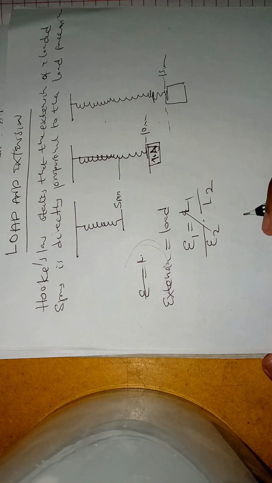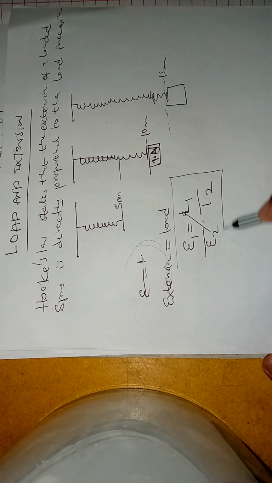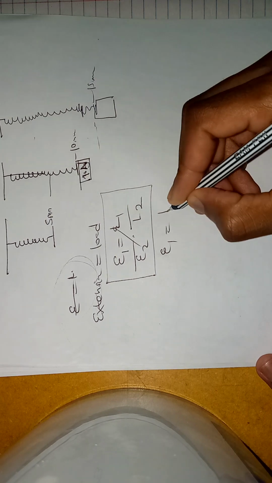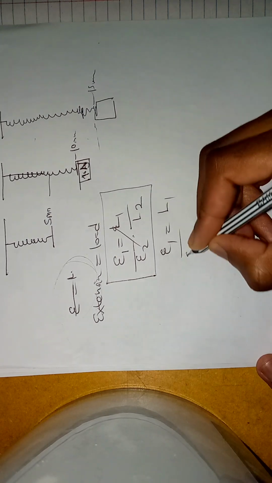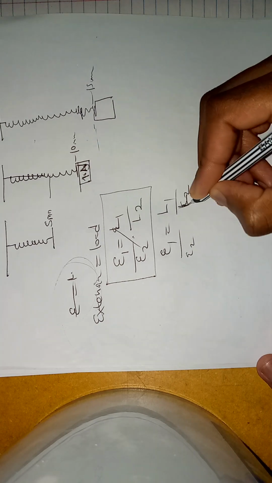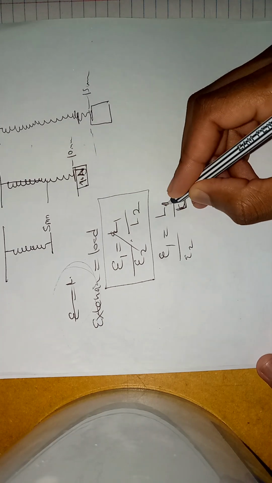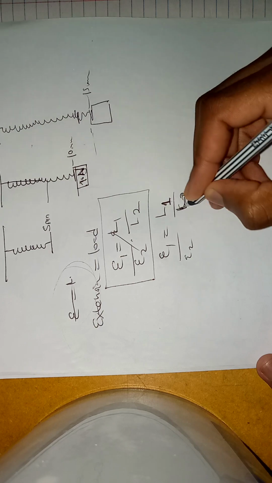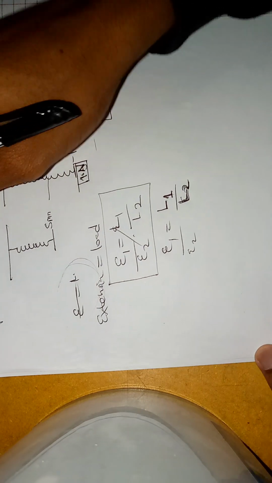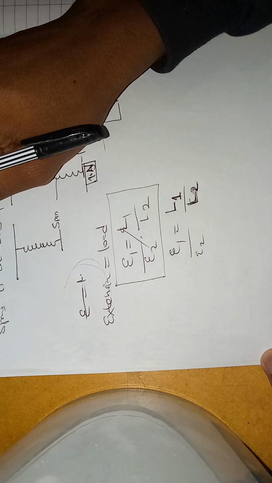So this is the relation or formula. Let me write it properly. Extension 1 over load 1 is equal to extension 2 over load 2. And this load that we're talking about is a force. Extension is a distance, the load is a force.